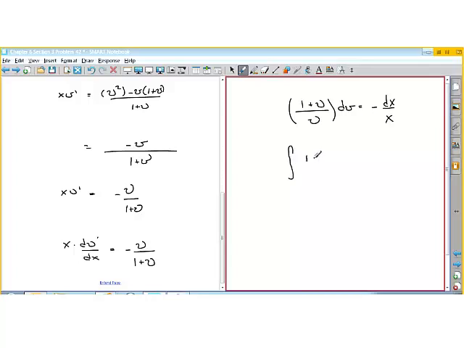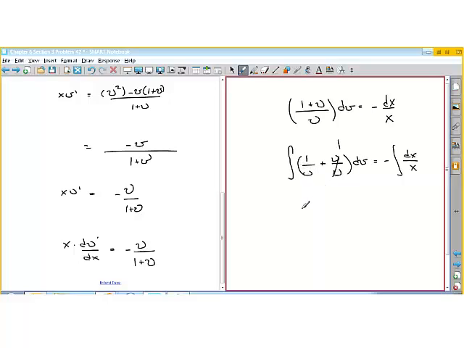So to solve it, we integrate. Now, one thing you can see is that I can create two fractions out of the 1. So I'll get 1 over nu plus nu over nu, which, of course, is just 1.